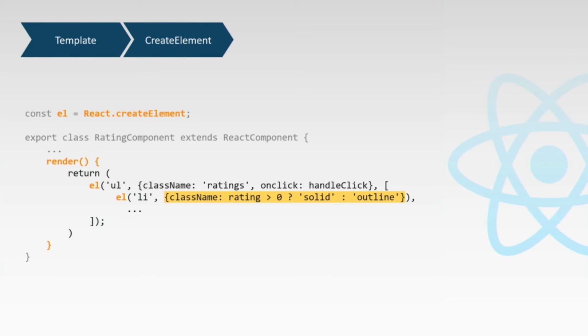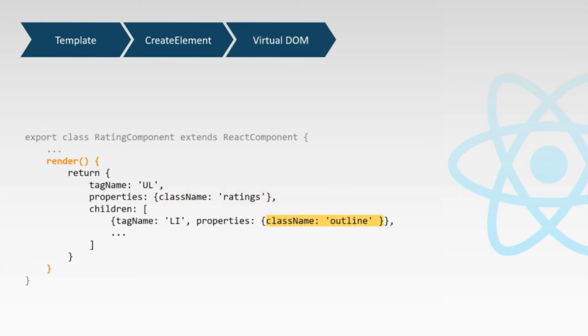So here, what happens is this render function. And inside of it, we have multiple calls to the createElement function. And each call to this function creates something called a virtual DOM node. It's nothing fancy. It's a simple JavaScript object. I'm going to show it here. That describes an HTML element. What the type of the element is, what its properties are, and its children.